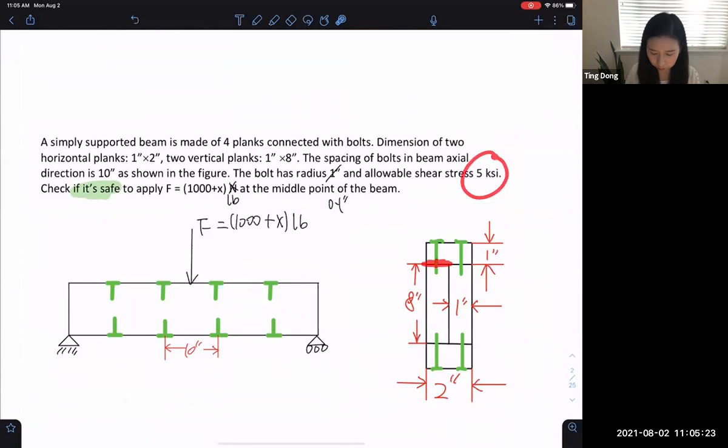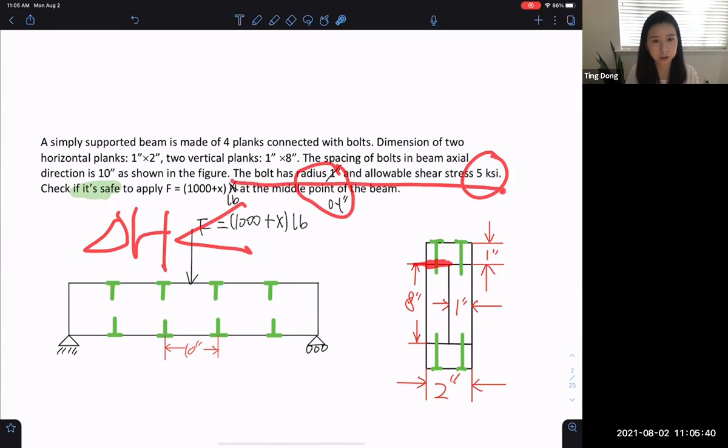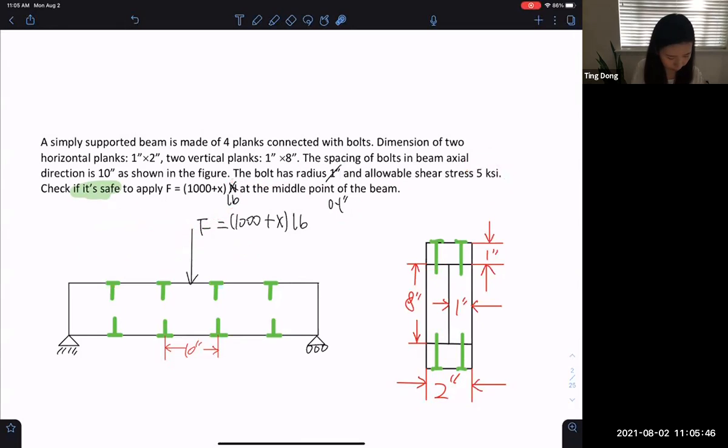It has the allowable shearing stress and it has the radius. So we want the delta H generated on this cutting surface to be smaller than the allowable shear force that can be carried by this fastener, which is the stress times the cross-section area of the nail. So this is the same type of problem.